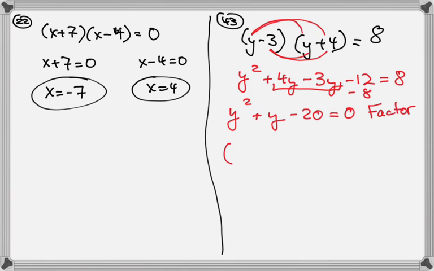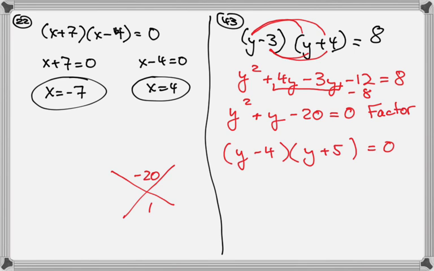Let's factor. Which two numbers multiply to negative 20 and at the same time add to positive 1? (y - 4)(y + 5). And now we're done and set each factor equal to 0.